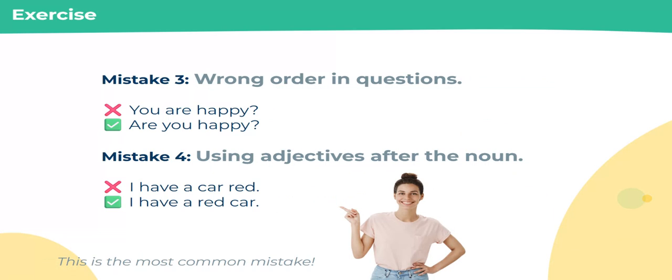This is a very common mistake. We do not want to say, I have a car red. No. What we want to say is, I have a red car. And as we see on the screen here, this is the most common mistake.